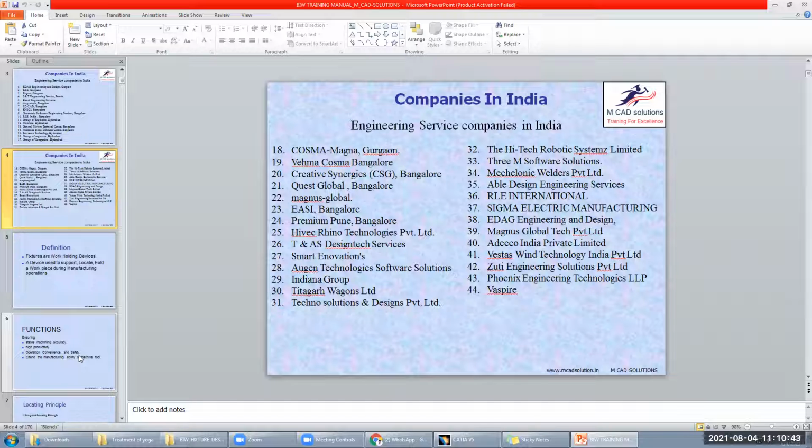Many companies use thumb rules for thickness and length, and some companies do proper analysis using ANSYS and other software. In that, we will check the maximum and minimum dimensions for the part, so that it will not break while working. So this is one task.